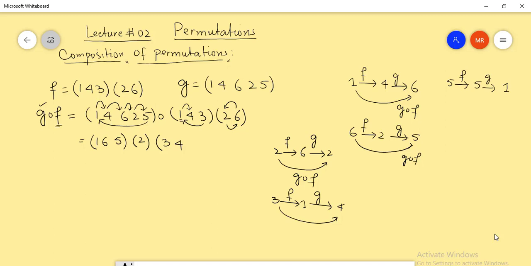Then we look for the image of 4 under F. 4 is mapped onto 3 by F. And then we look for the image of 3 under G. Since it is not present in G, 3 is fixed by G. And thus 4 is mapped onto 3 by this composite. And hence it completes our cycle form of the composition of these two permutations.